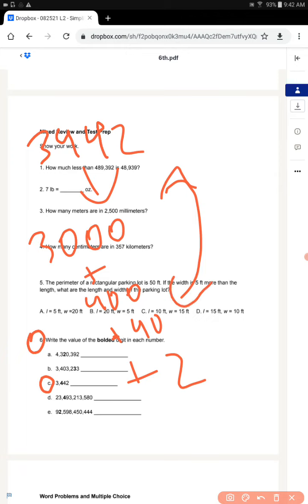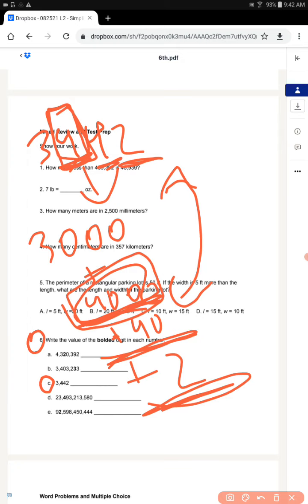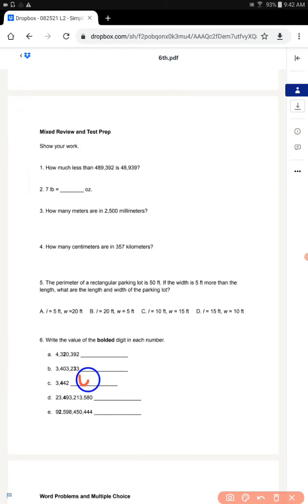And this 4 right here represents 40. And this 4 right here represents 400. So it's trying to ask us to figure out what this is. And so our answer would be 400. So for 6C, the answer is 400.